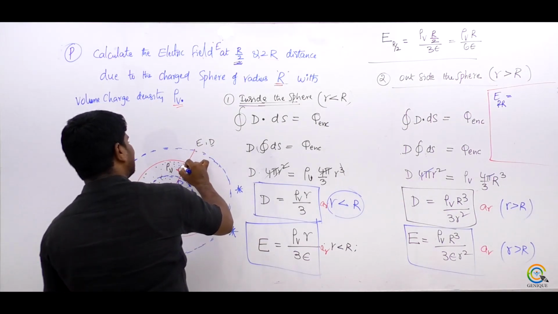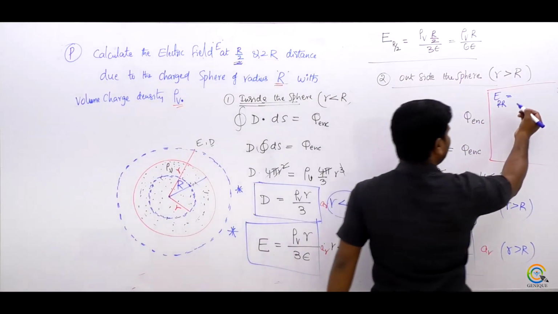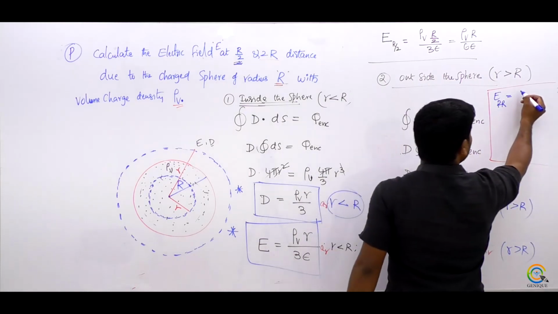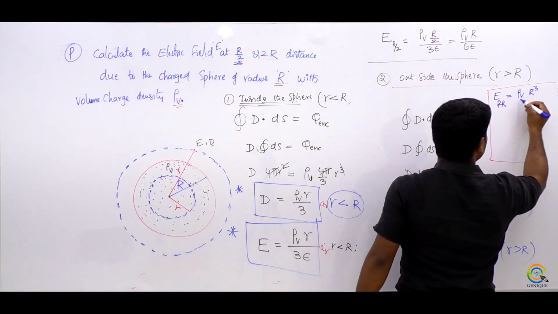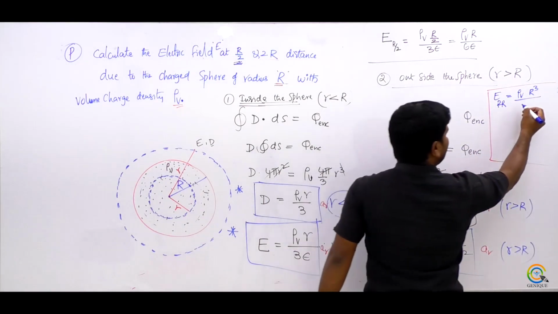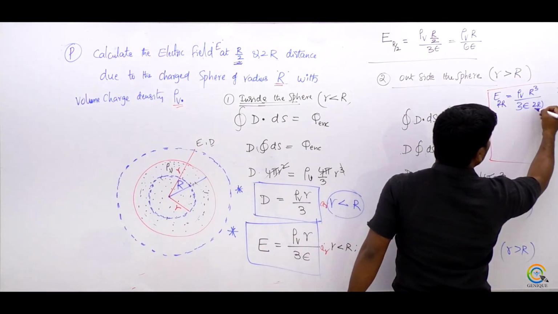Let us suppose r is equal to 2R. Because capital R is constant, here it is rho v R cube divided by 3 epsilon into 2R whole square.